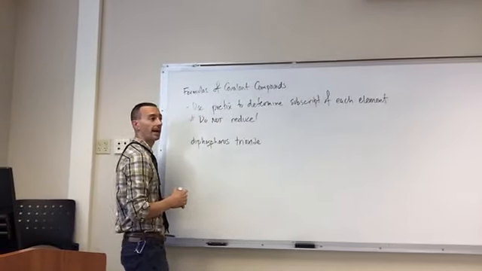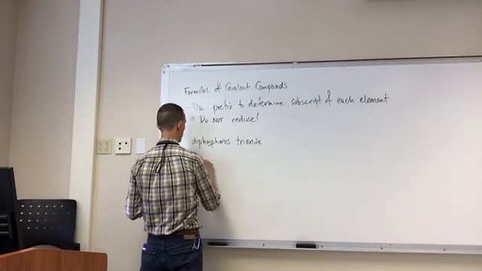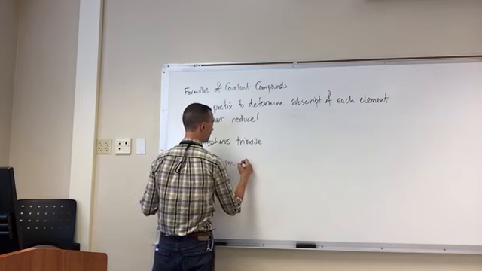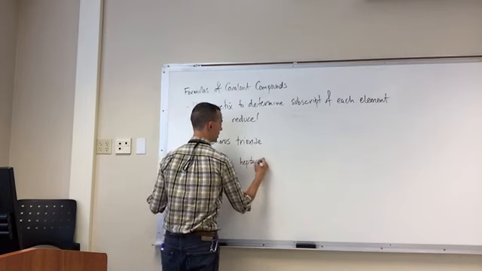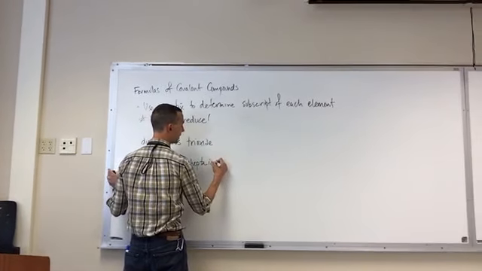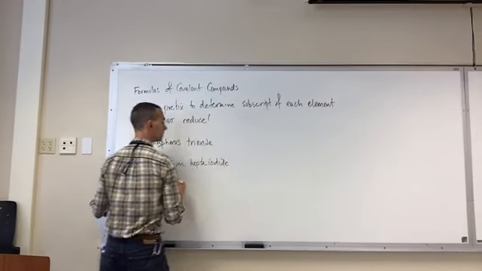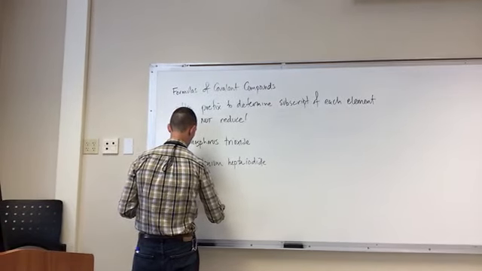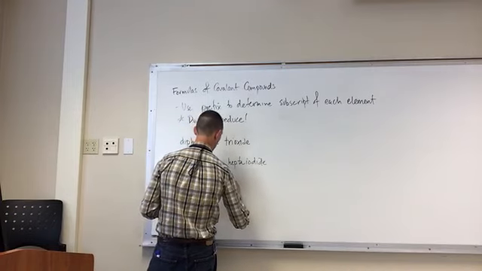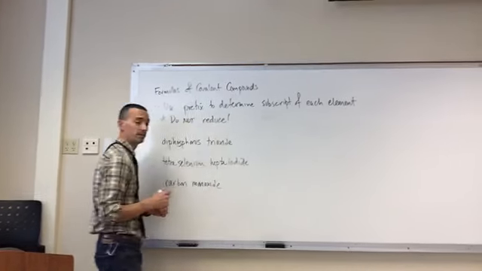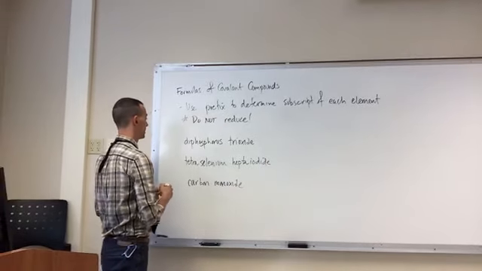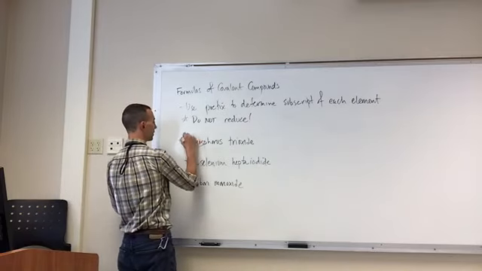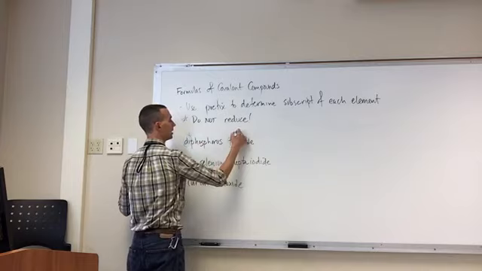Or if we had tetraselenium heptaiodide, or if we had something as simple as carbon monoxide, we simply turn each of these prefixes into the number that we associate with them, 2 and 3.